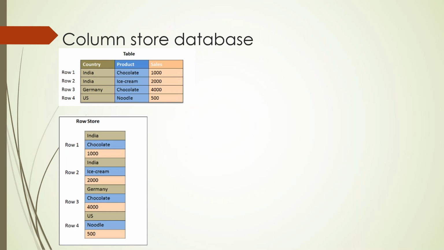Consider if you want to perform a read operation or a write operation. How many read and write operations do you require? Which one is expensive and which one is cheaper? We'll see that. For the row store, if you want to perform a read operation, for example, to count how many times the country India appears in this table, by looking at the records we can say that the count for India is 2.